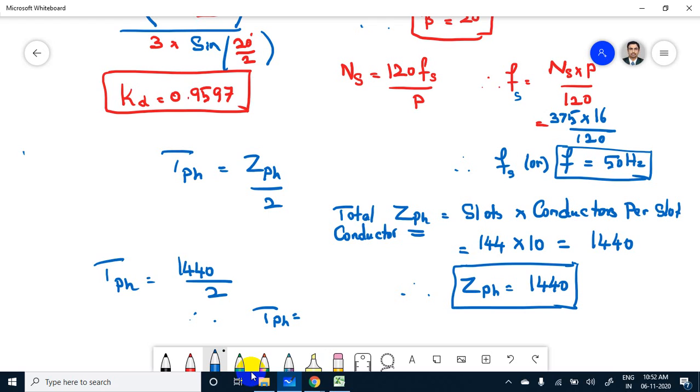Number of turns per phase, how much? 1440 divided by 2. Sir, 720. It is 720. Okay, now I have made a mistake, right? Here you see, here it is Z phase. Z will be the total conductors, but here we have to find out the per phase value also, right? So how much is it? This is Z.